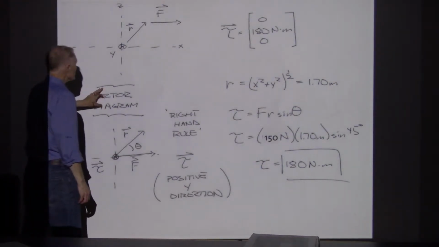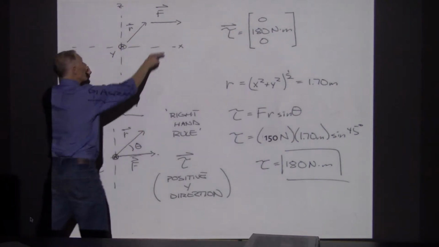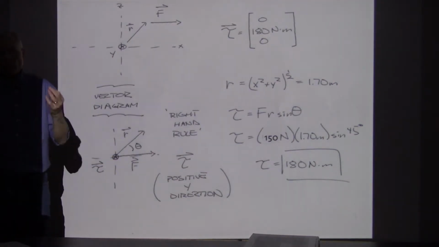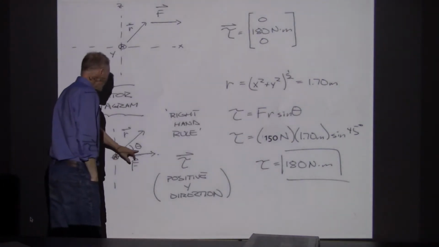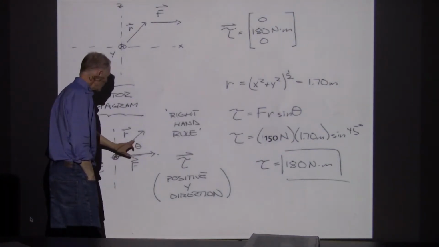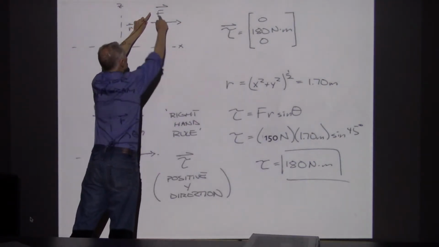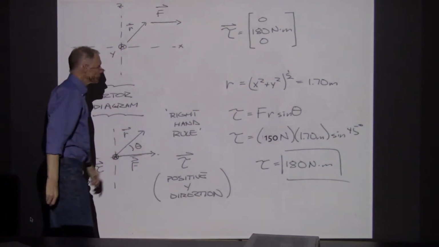I picked up the r, I brought it over to my vector diagram. I picked up the f, I brought that over, and I placed them so that they're both extending away from the origin. Theta right here is the angle between r and f. So if I came back up to this picture, theta is in here between those two vectors.